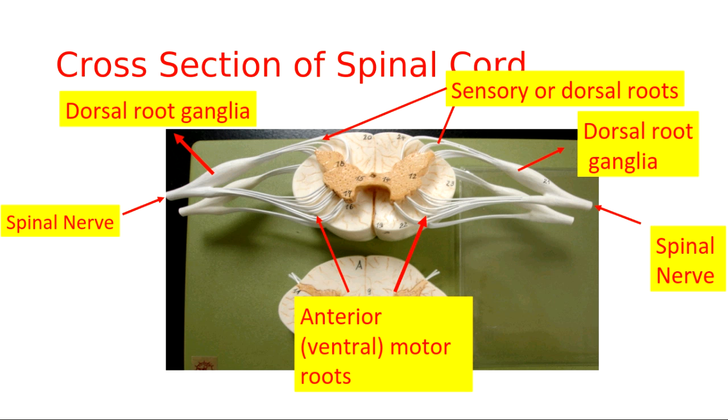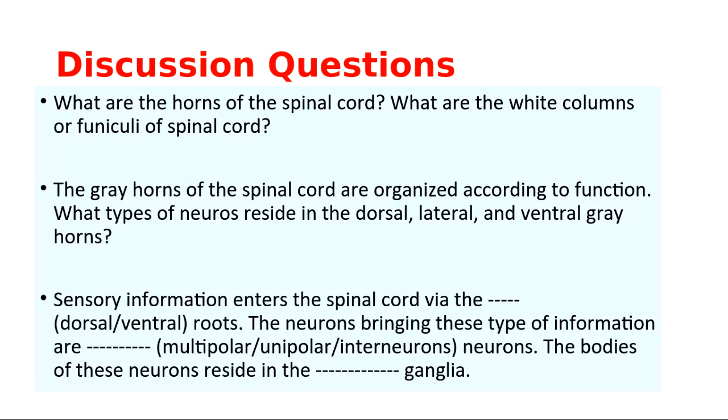So here are the sensory roots. There's the little dorsal root ganglion, motor roots down here. Anyway, so be able to identify those structures. These structures are not part of the spinal cord, but they're associated with the spinal cord. So we'll go ahead and cover them at the same time.